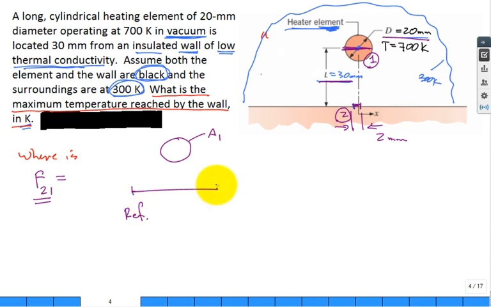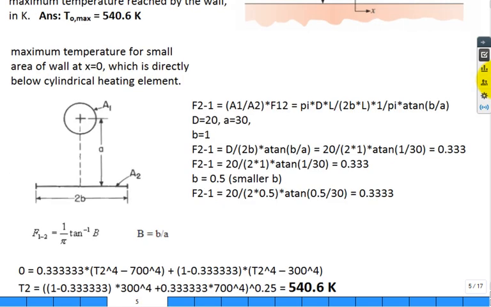Below is an infinitely long plate, surface 2, directly below, symmetrical, and the distance is B right here, and this distance in the illustration off of the internet is distance A, and the diameter is, well, maybe I copied that illustration incorrectly, but let me show you here. This is what I copied right here.